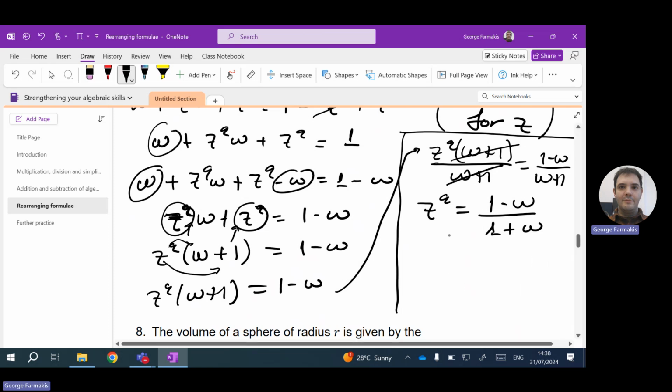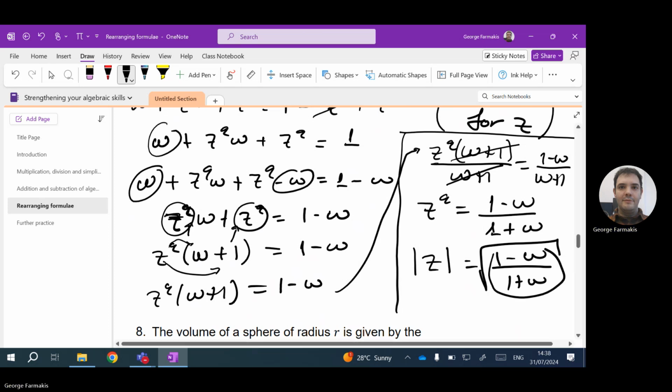So now if we take the square root, I'll get the absolute value of z is equal to the square root of 1 minus w over 1 plus w, given that this is greater than 0. So z can be plus minus the square root of 1 minus w over 1 plus w.